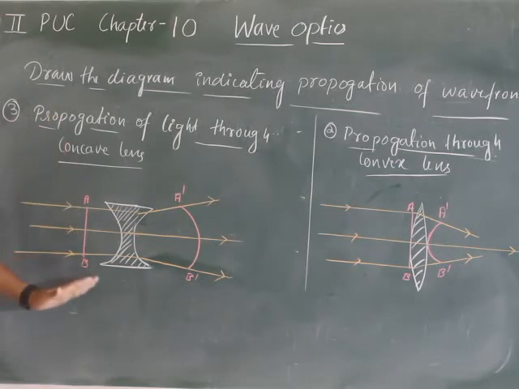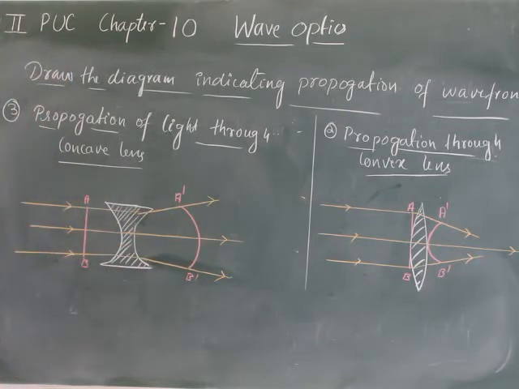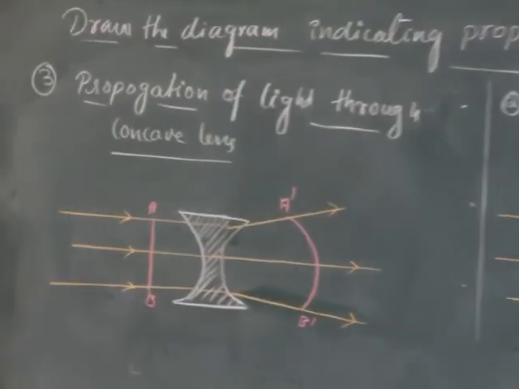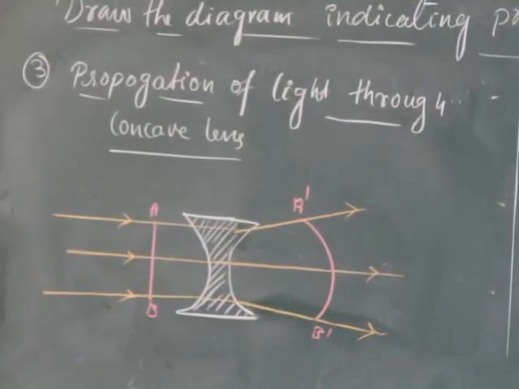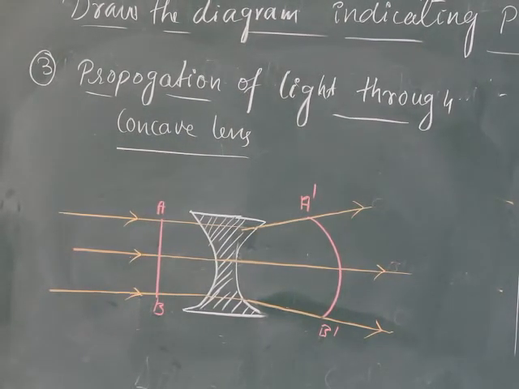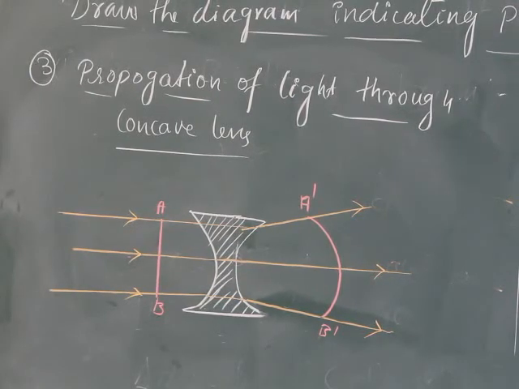So the plane wavefront AB will have a shape like this, A dash, B dash. So that is how we can understand the propagation of the light wave through the concave lens, when a plane wavefront is incident on the concave lens. You can see how the divergence takes place. Correct? So that is the diagram. Okay?